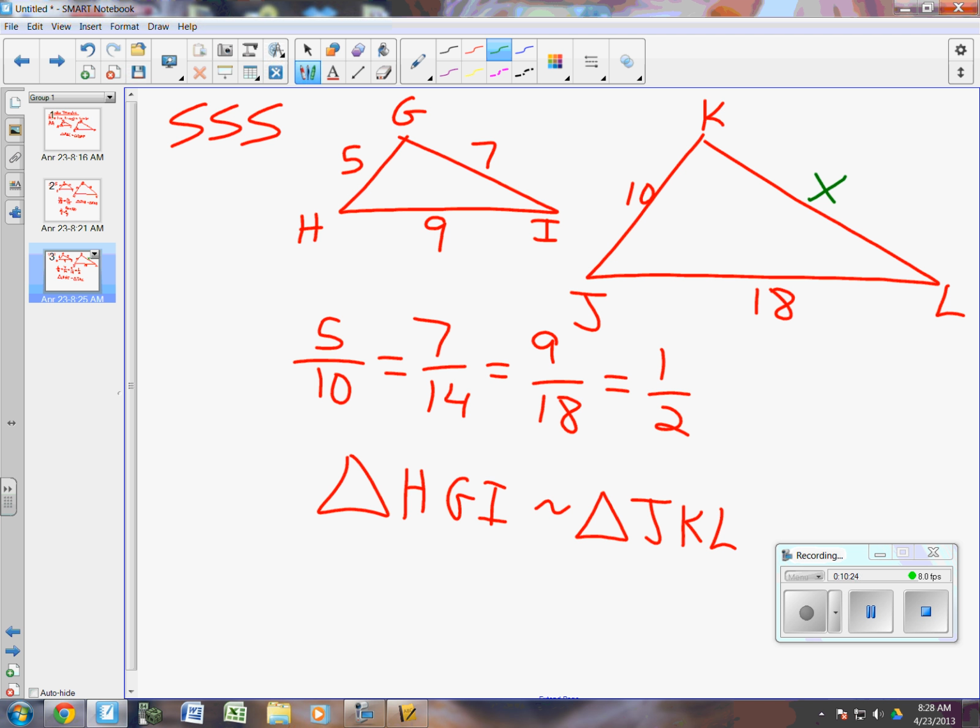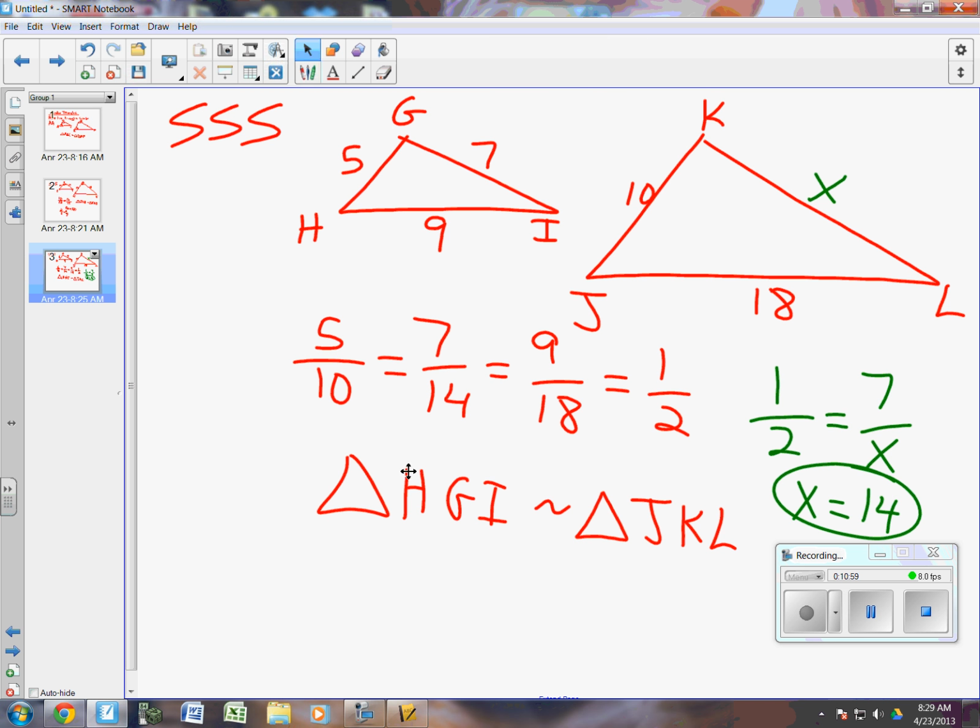We already know we have 5 over 10 and 9 over 18 is a proportion of 1/2, right? So could I write 1/2 equals 7 over x. Now, how does that help me solve this problem? I can cross multiply. 1 times x is x. 2 times 7 is 14. And that's what x is equal to. Okay? Do you understand that?